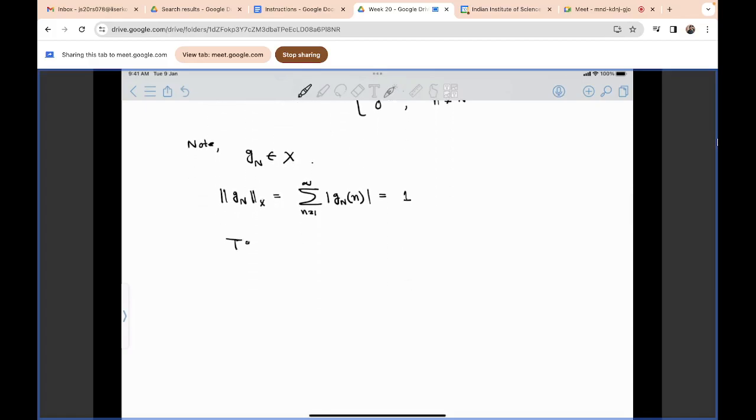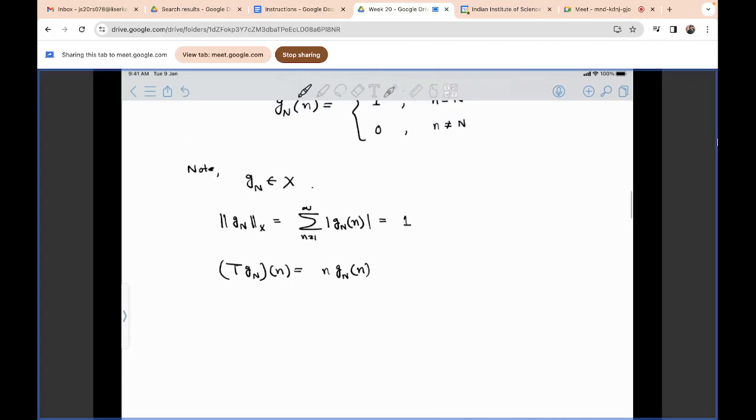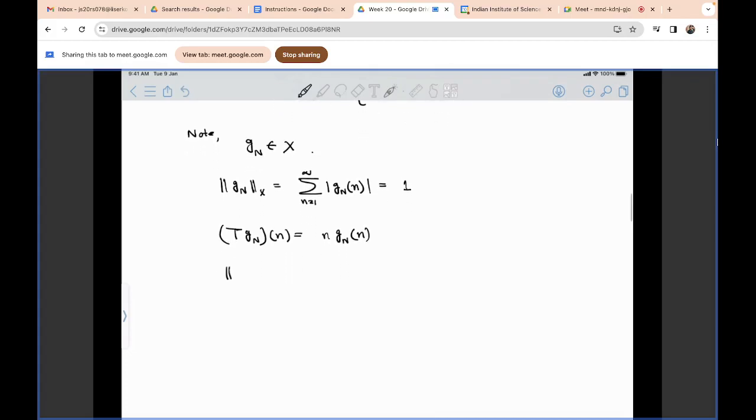What will be T of Gn? T of Gn is n times Gn. Now what will be the norm of T of Gn? This is N, because if n is not equal to capital N, then this will be 0.